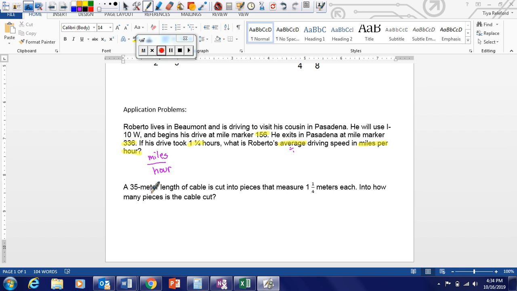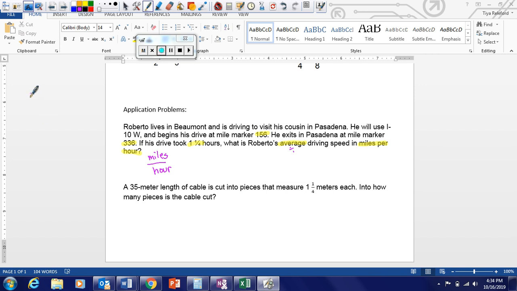So first I need to know how many miles he drove. It doesn't tell us. So if you've ever been on a highway, they have these green signs with the mile markers on it. The numbers go up and down, and the numbers are usually white. Every mile, it counts the miles.